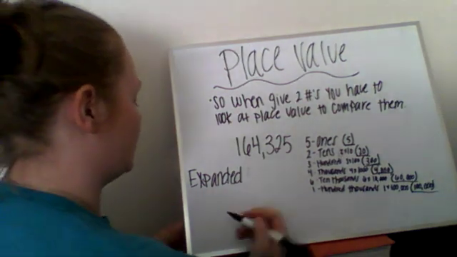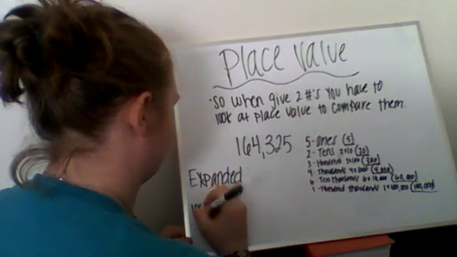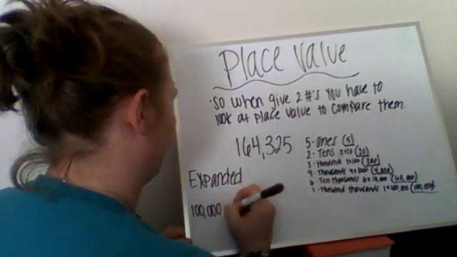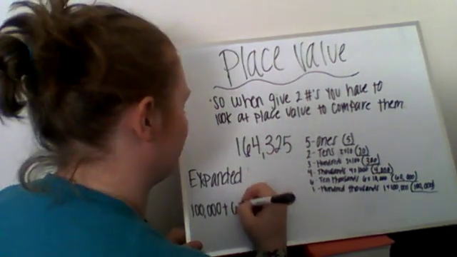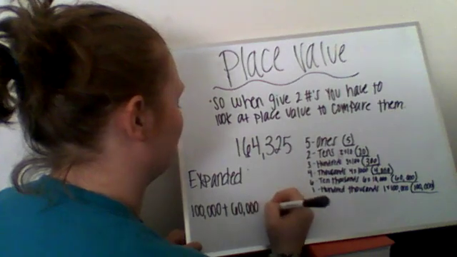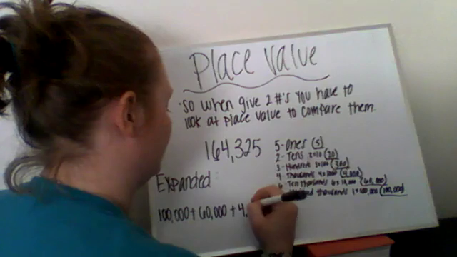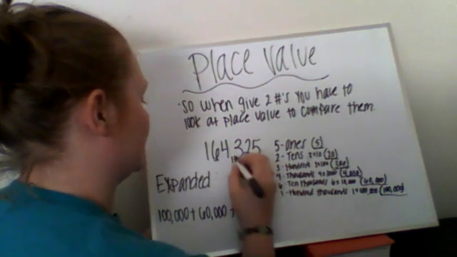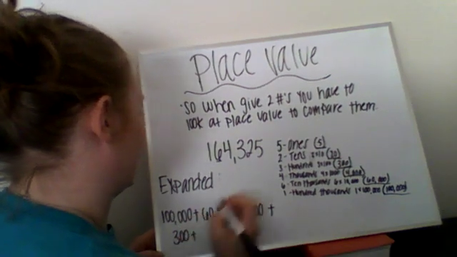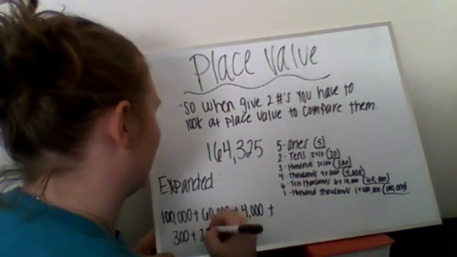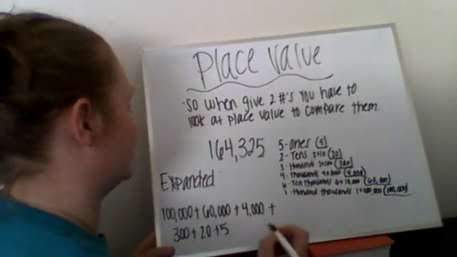So I'm going to start with my 1. So my place value for my hundred thousands was 100,000 plus my next place value, which was my 6, so plus 60,000, plus my 4 place value, which was 4,000, plus my 3, which was in my hundreds, plus 300, then plus my 2 in my tens, which was 20, and then my 5 last, which is ones, which was just equal to 5.